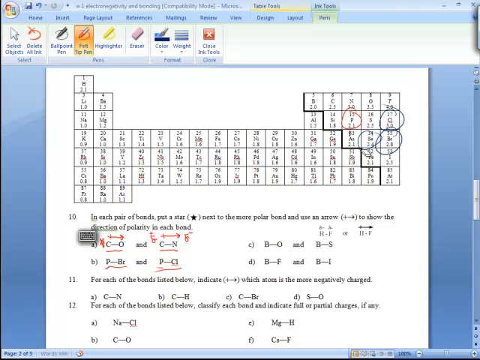Well, in some of these cases, it may just be easier to look at the actual electronegativities. 2.1 for phosphorus, and for chlorine, 3.0, and for bromine, 2.8.